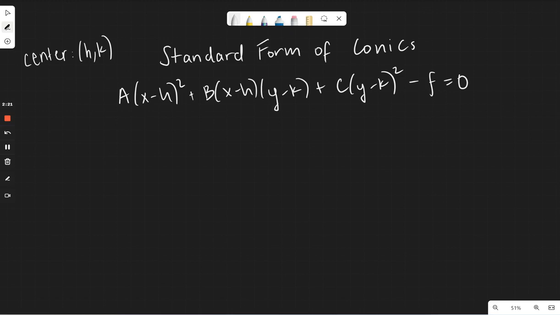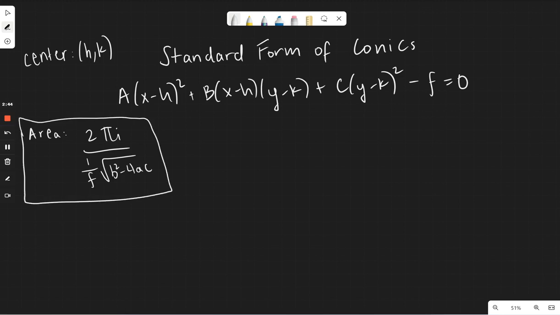One of them is that the area of this conic, whatever conic is in this, is going to be represented by 2 pi i over the reciprocal of f times the square root of b squared minus 4ac, which I hope you recognize as the discriminant of the quadratic formula.